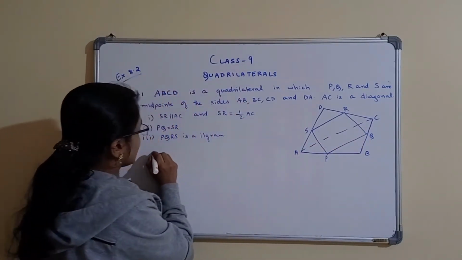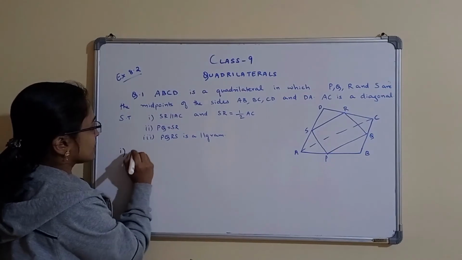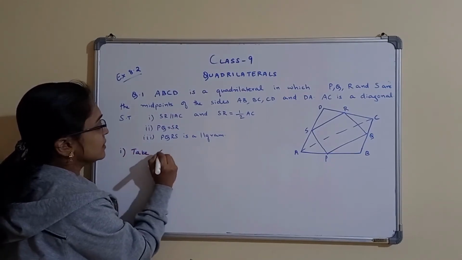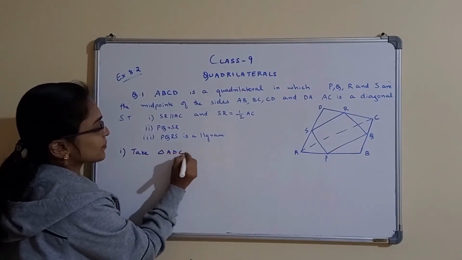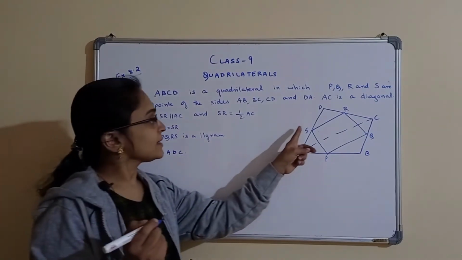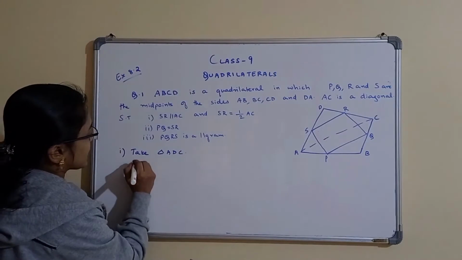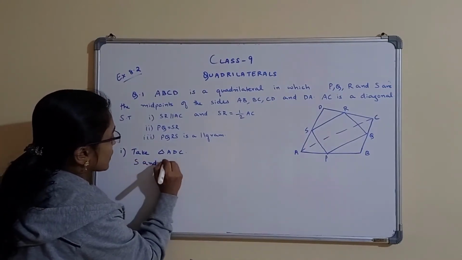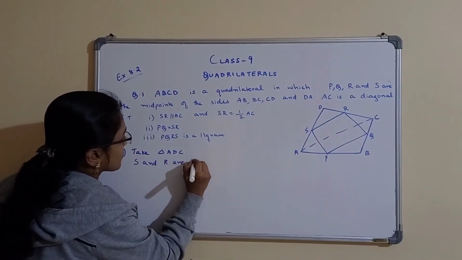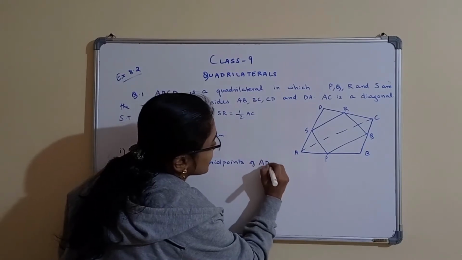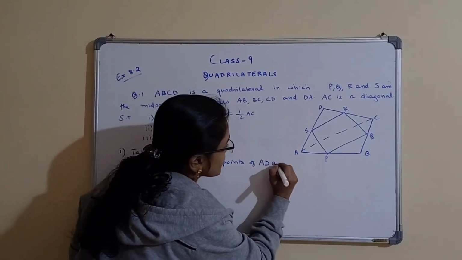So, take triangle, first one. Take triangle ADC. We are given that S and R are the midpoints of AD and DC.